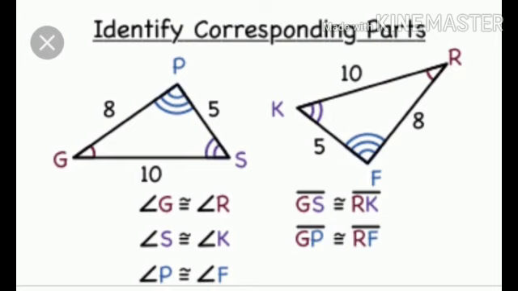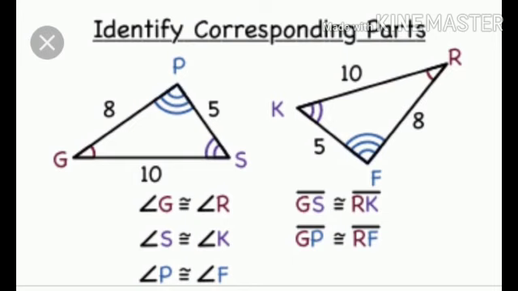Okay. Then note down the corresponding angles. Look at the symbol, then write. Angle G corresponds to angle R. Okay. Angle S corresponds to angle K. Then angle P corresponds to angle F. So we noted corresponding sides as well as corresponding angles.